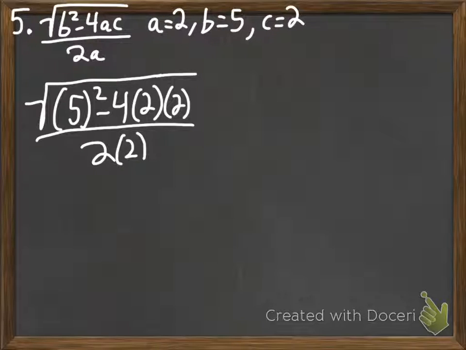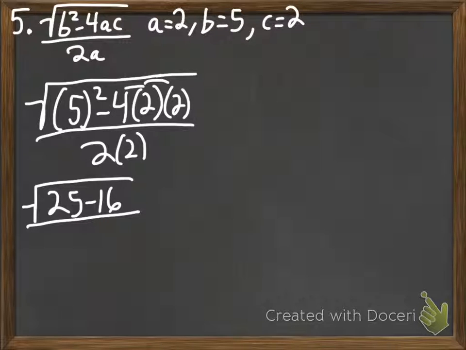So let's simplify. We get the square root of 25. Negative 4 times 2 is negative 8. Negative 8 times 2 is negative 16. 2 times 2 is 4. 25 minus 16 is the square root of 9 over 4.